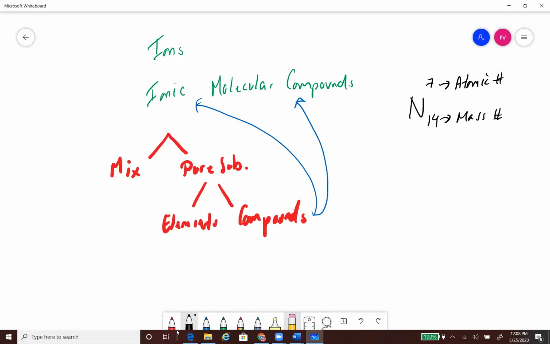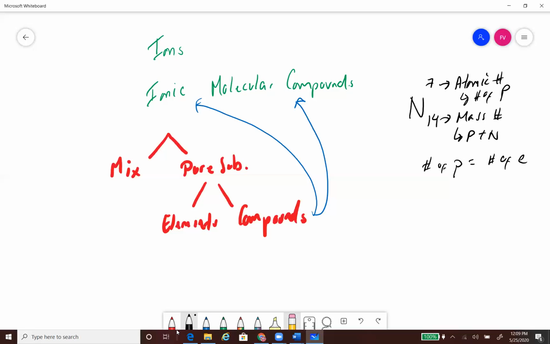The atomic number is the same as the number of protons, and the mass number is the number of protons and neutrons. You might remember we also said, for instance, if this is neutral, then the number of protons is equal to the number of electrons. So we could say that nitrogen, when neutral, has 7 protons, but it also has 7 electrons.